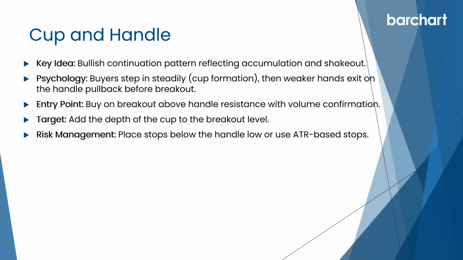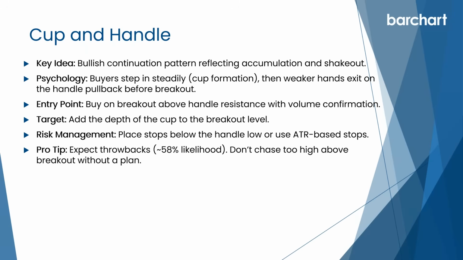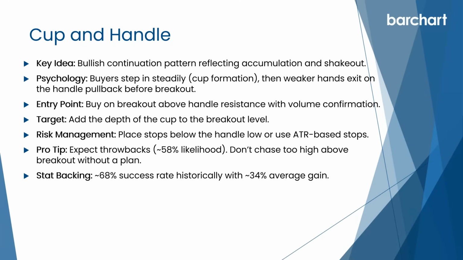And on risk management, we're going to place our stops below the handle low or use some form of an ATR-based stop. Now, again, the pro tip here is expect throwbacks, a 58% likelihood, and don't chase above the breakout without a very specific plan. And then the stats here are about 68% success historically and an average gain of around 34%.